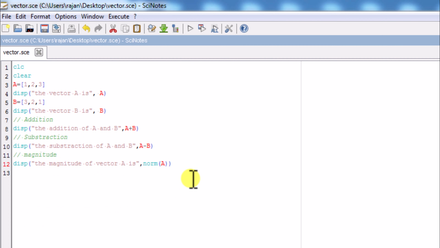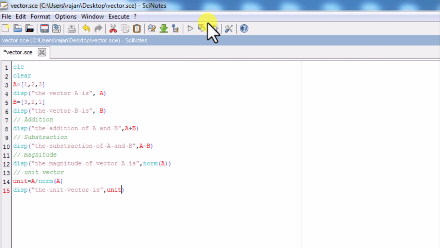Now let's come to the next point, unit vector. So we will calculate the unit vector in the direction of A only. And what is that? The unit vector is given by the vector A divided by its magnitude. So what will be the unit vector? Unit is equal to A divided by norm of A, and now let us display this, double quotes, the unit vector is, comma unit.